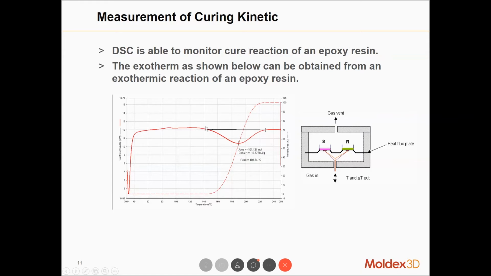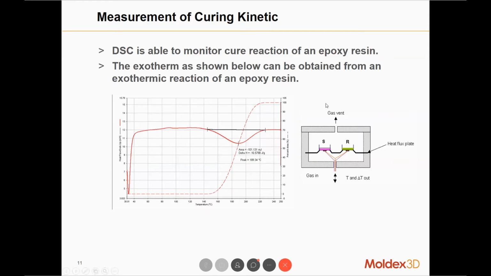But once the material starts to be cured, as you can see on this line, this means the curing has started. Once curing starts, the heat flow will decrease as the chemical reaction is taking place.